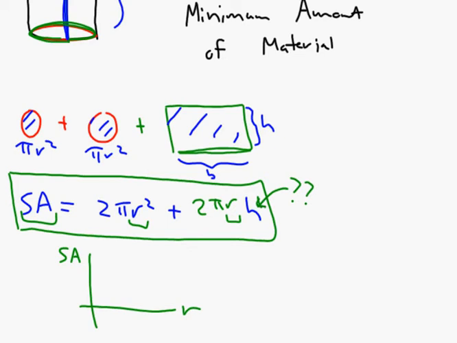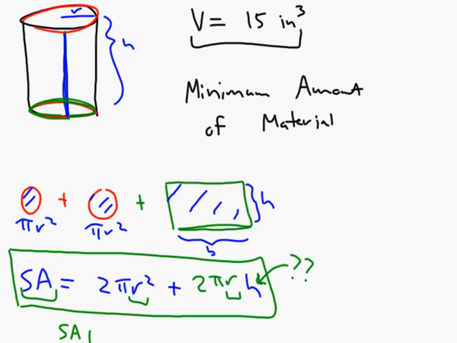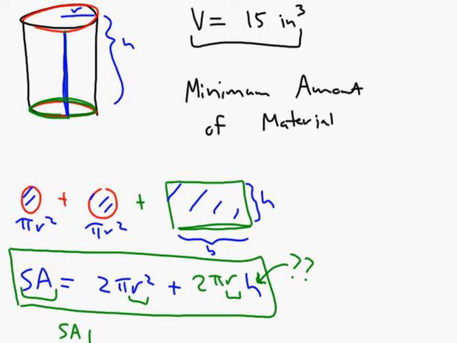Usually, in optimization problems, the way to do that is to use some information that's been given to you to figure out h. In other words, we should be able to rewrite h in terms of r. The key is to use the fact you were given. We were given that the volume is 15 inches cubed.